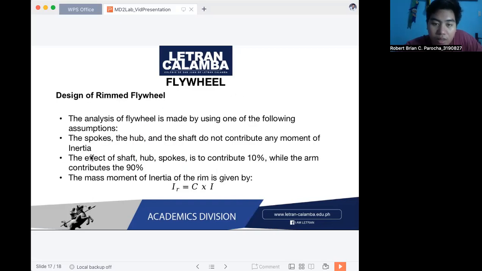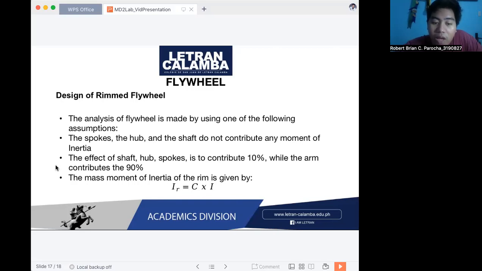In the design of the rimmed flywheel, the contribution of the shaft, hub, and spokes consists of only 10%, while the arms contribute 90% of it. Why 90% to the arms? Because the arms contribute the most to the rim, shaft, and hub. The moment of inertia carries the whole at the arms.